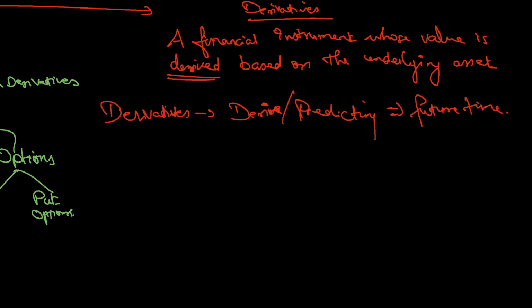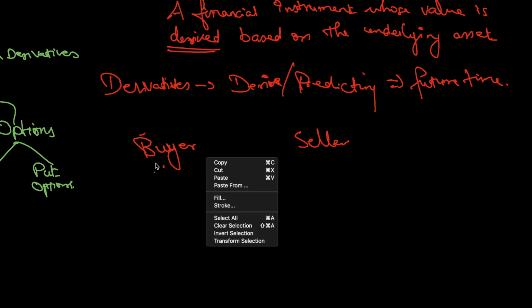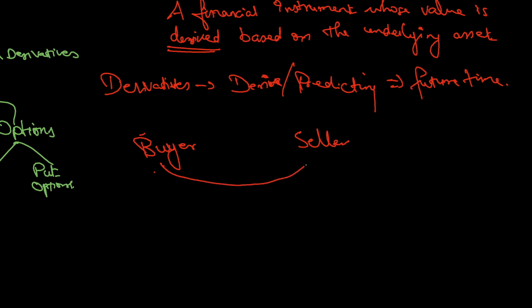For example, here there is a buyer and there is a seller. Now in case one, imagine this buyer wants to buy 1 gram of gold, and he is paying right now the price of gold, let's say 5,000 rupees. The seller is giving 1 gram of gold.